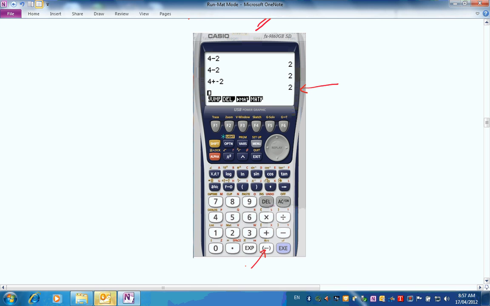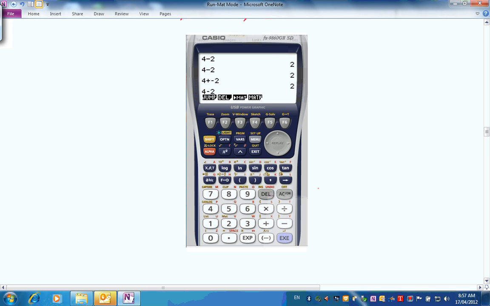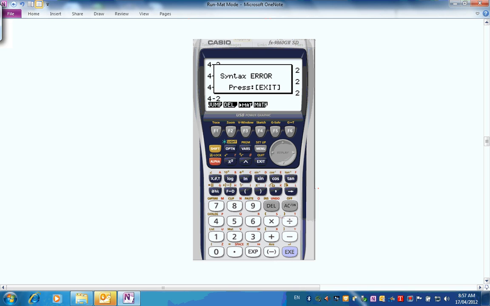So let's have a look at, if we do make a mistake and are trying to work out 4 take 2, let's say we put in 4 and then this negative sign and 2 and hit execute, what now happens to that? The calculator doesn't accept that sign as a subtraction sign, this one down here.